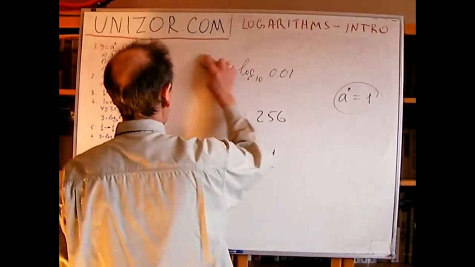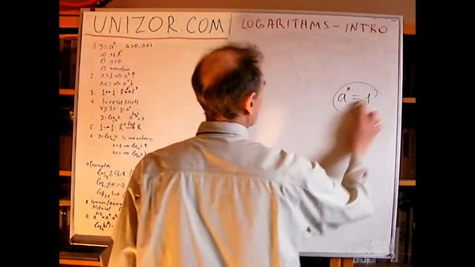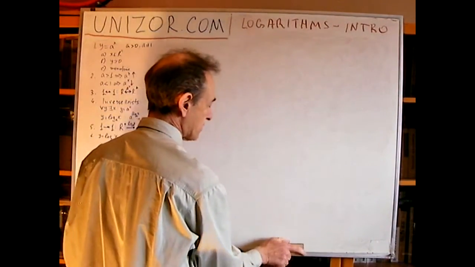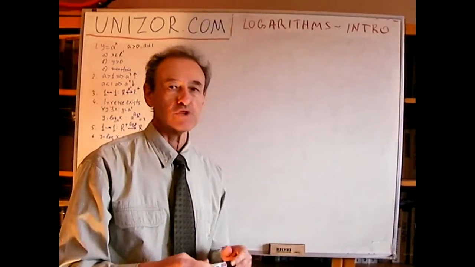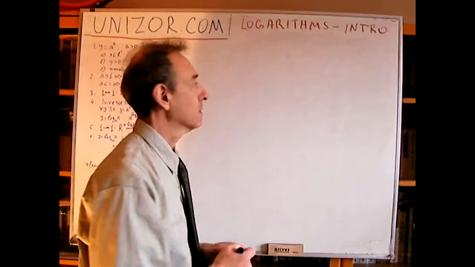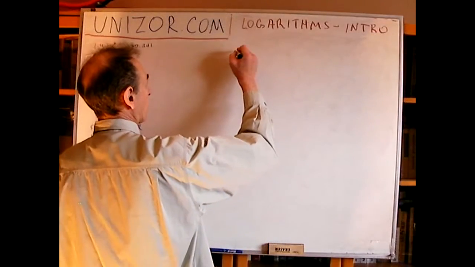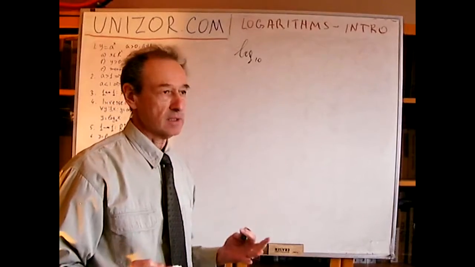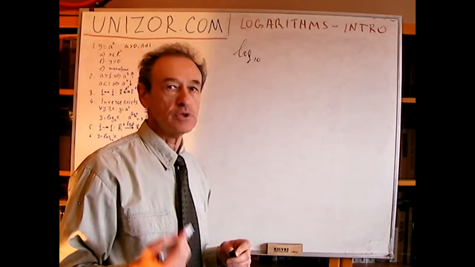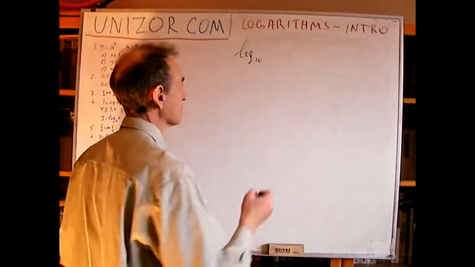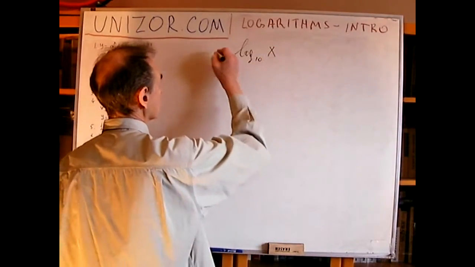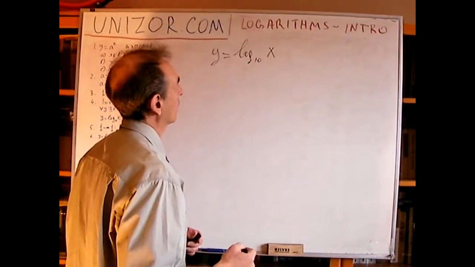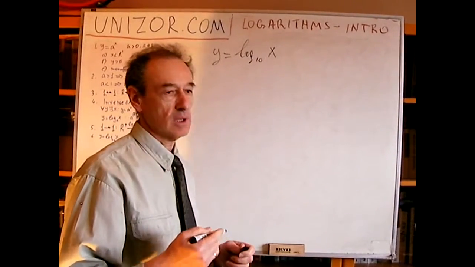Now, as a couple of special cases with logarithms, there are certain bases which are more preferable than others. Primarily, base 10 is very often used in different calculations. So whenever we are talking about a logarithm with base 10, there is a special notation.